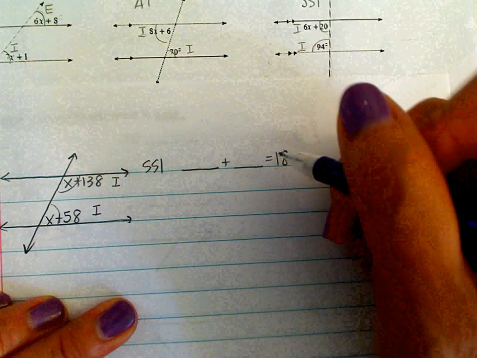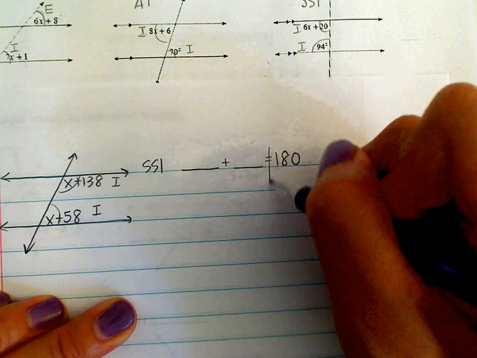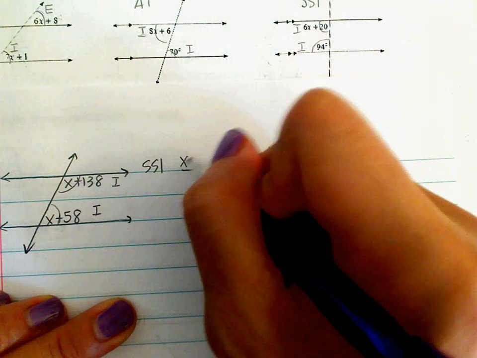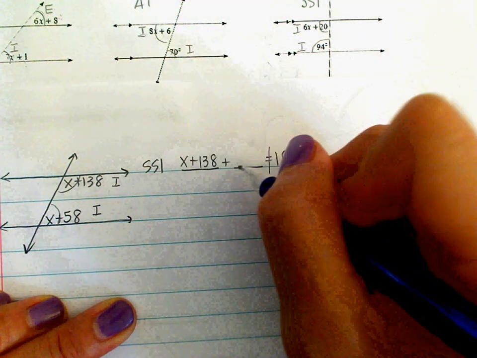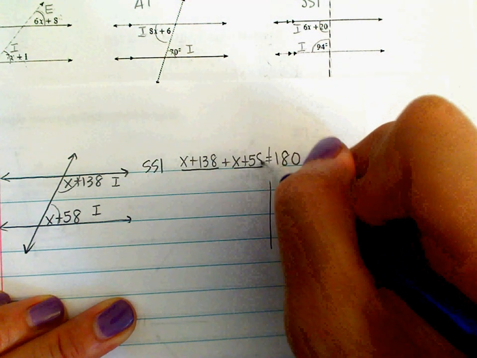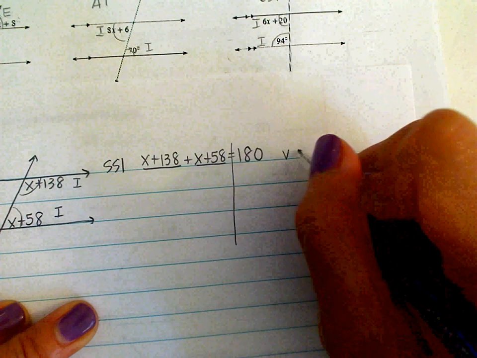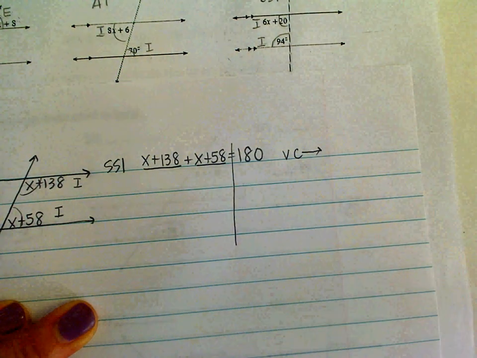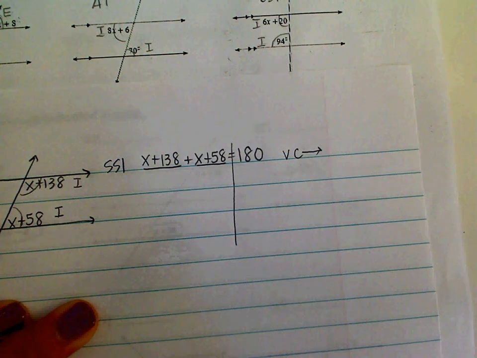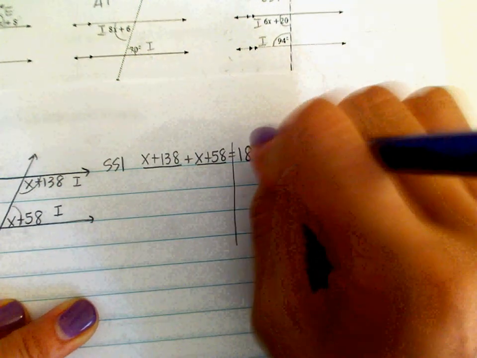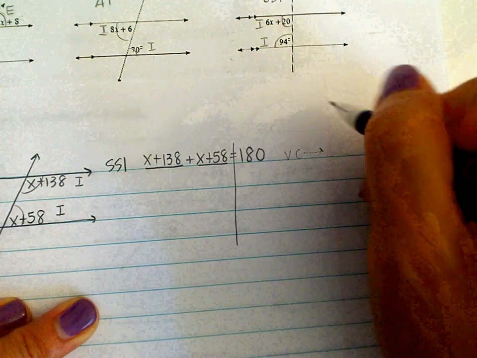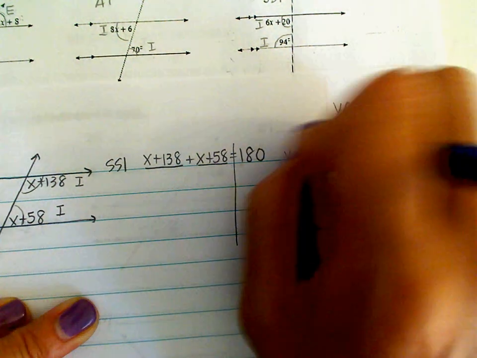So x plus 138, x plus 58. I'll do the variable constant method over here. Well, to make room for it, I'll stay here. Okay. So box and circle.